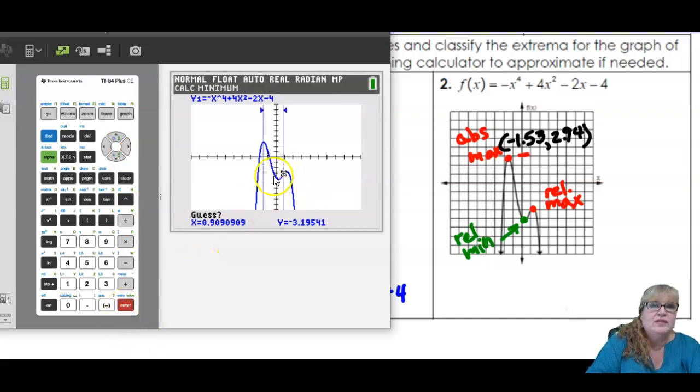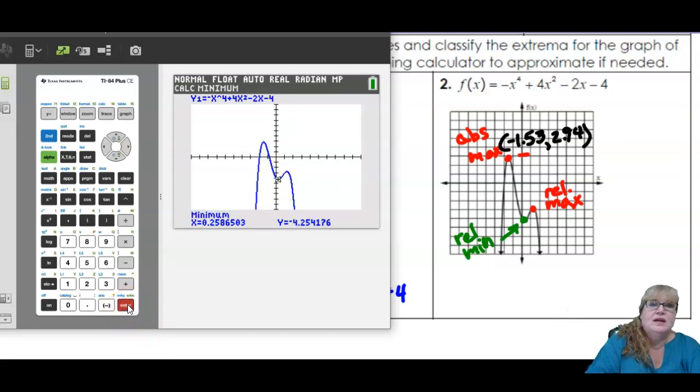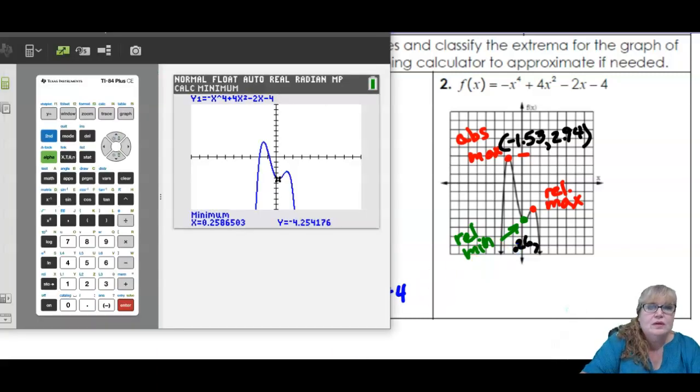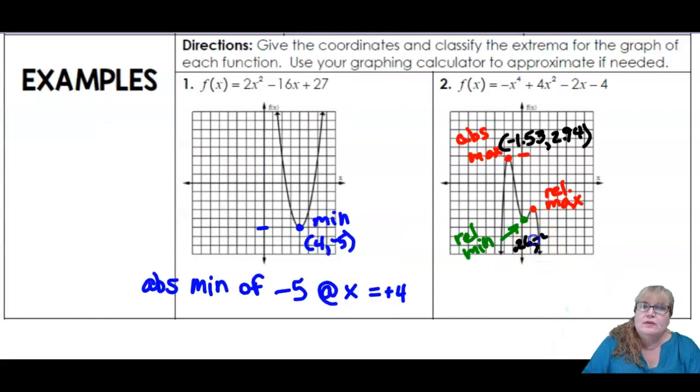So somewhere in between there, I want to figure out the minimum value. And I got 0.26, comma, -4.25. And that was the minimum.